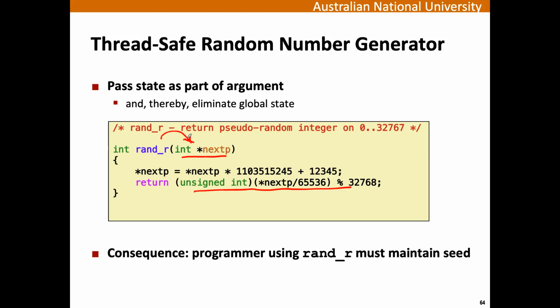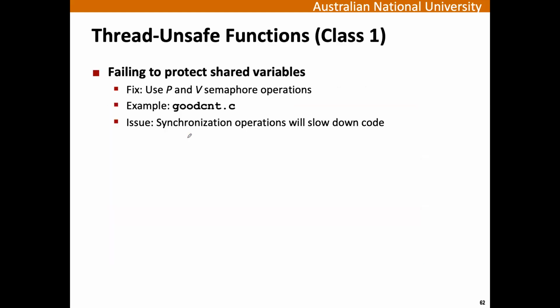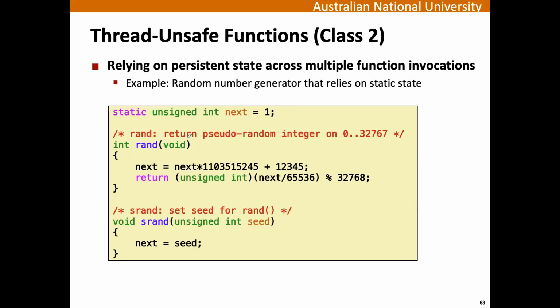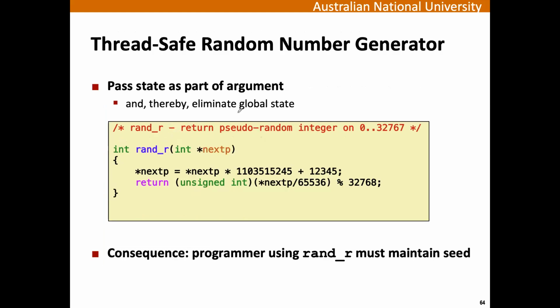This way we take the state that was stored inside this library or package, and we take next out, and make it the responsibility of whoever is using this function to remember the state next and provide it each time the random function is called. That's more work for the user of the function, but it makes the function thread safe.